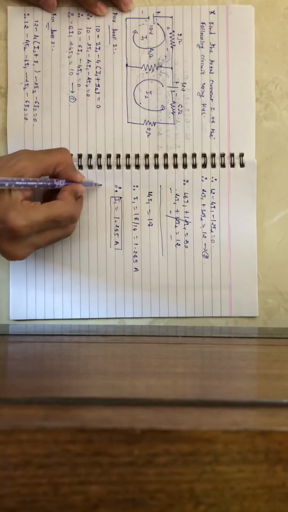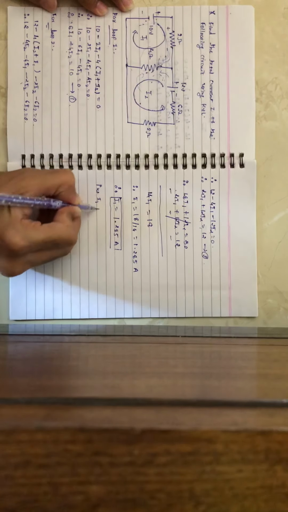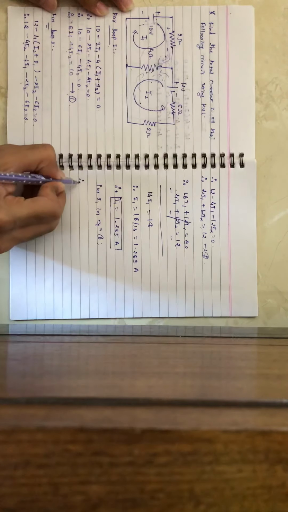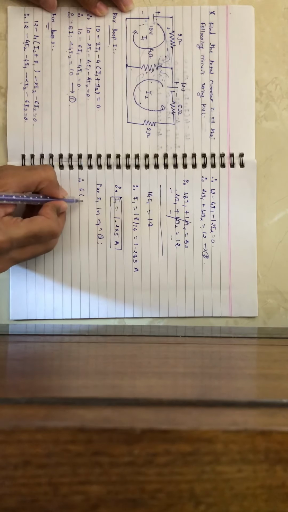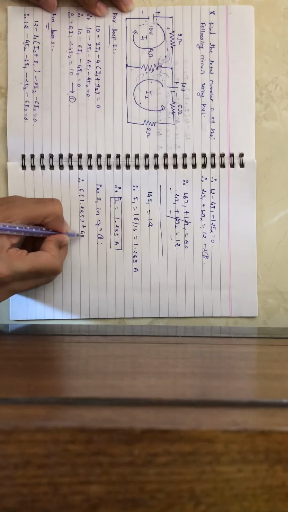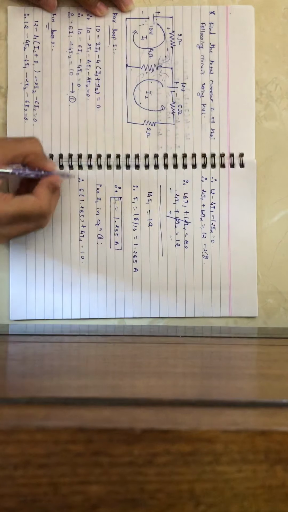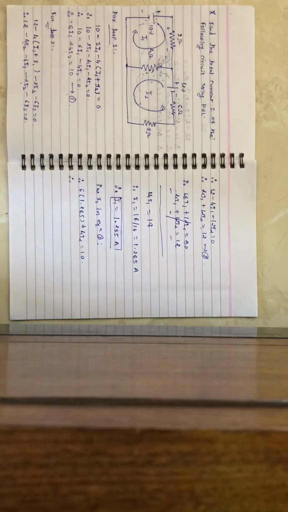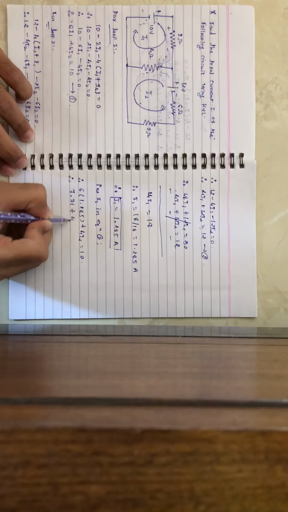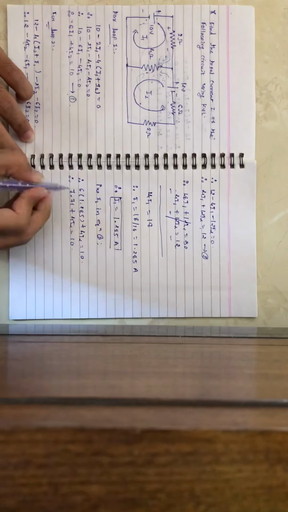Put this I1 in either equation number 1 or equation number 2. Put I1 in equation number 1. Therefore 6 times 1.285 plus 4I2 is equal to 10. What is 6 into 1.285? 7.71. So 7.71 plus 4I2 is equal to 10.